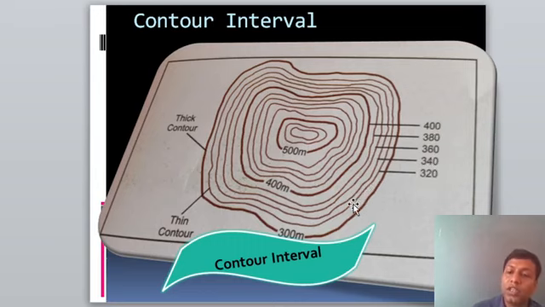So the difference between two contour lines is 20. Okay, how can we find it? Subtract the smaller value of the contour line from the greater value of the consecutive contour line, and that is the difference.